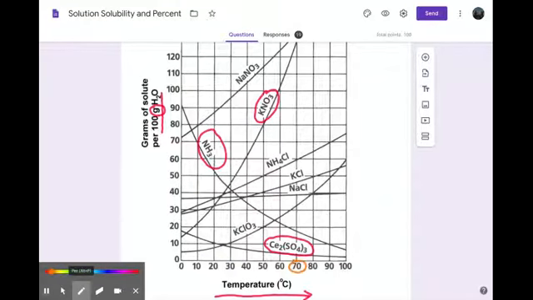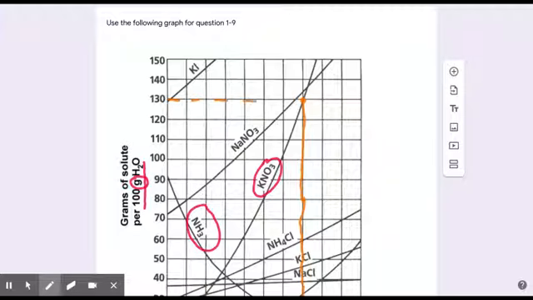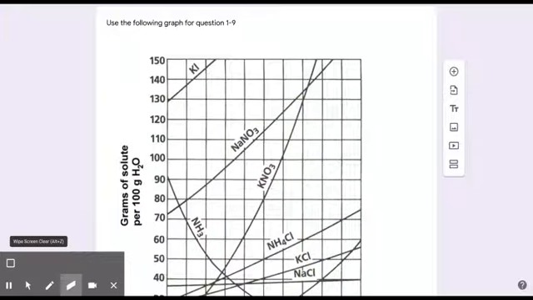So we go all the way up to KNO3, the intersection, and look at its solubility, it is 130. So the answer is 130 gram.